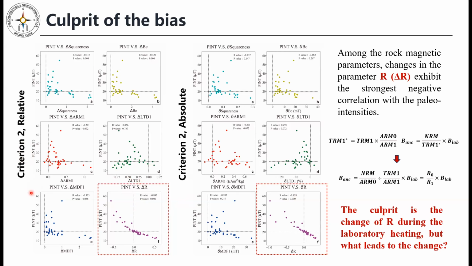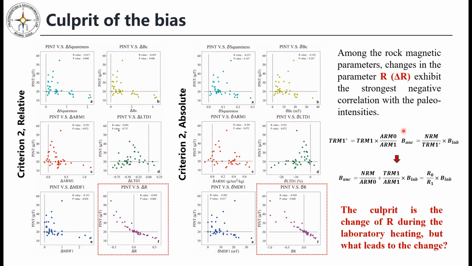This result is from criteria 2, and criteria 1 has very similar results to criteria 2. This indicates that only checking the linearity of the NRM to TRM1 correction plot may be a little bit hazardous, since the culprit of the biased results seems to be the integral change of the TRM to ARM efficiency.